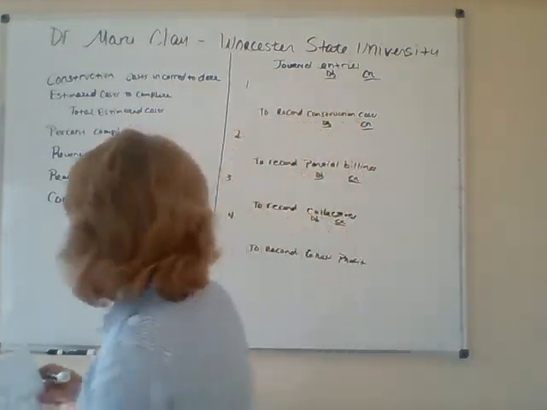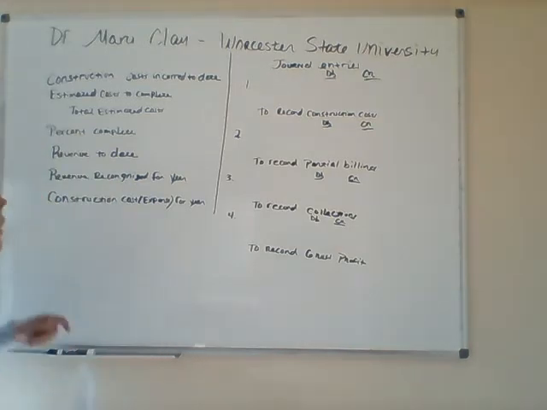All right, so let me go over to the board. Here's what I want you to jot down first. Okay, so jot all these down. So kind of pause the video. Okay, you paused it. Now you're back. You have this: construction costs incurred to date, estimated cost to complete, total estimated costs, percent complete, revenue to date, revenue recognized for the year, and construction costs expense for the year.